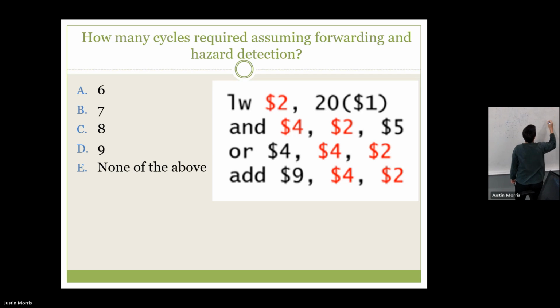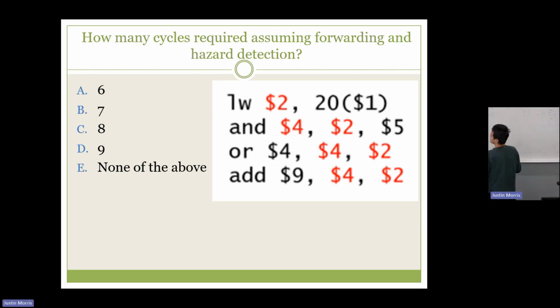Cycle 7. We're in write back. This goes to memory. This goes to execute. Right? And in this execute phase, we don't need register 2, right? It was read correctly here. Load word was already done. But we do need register 4.